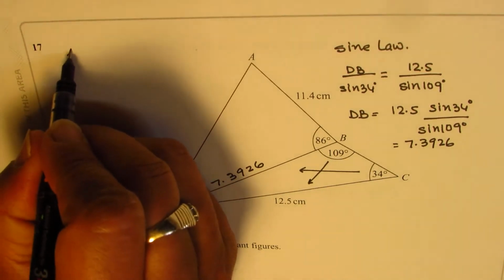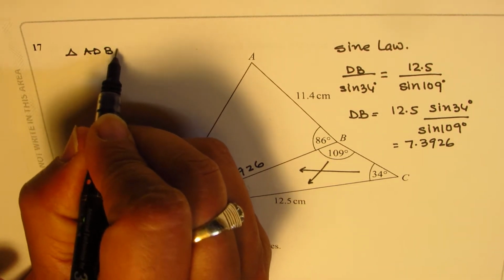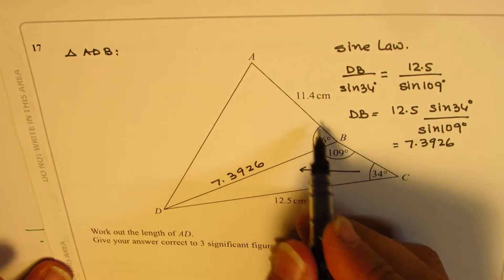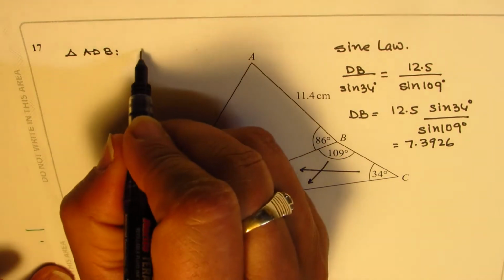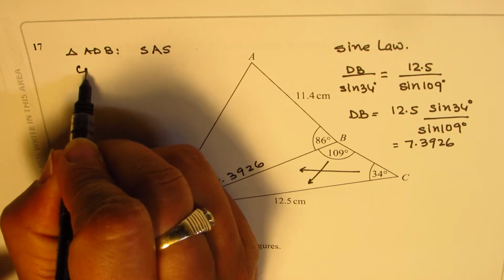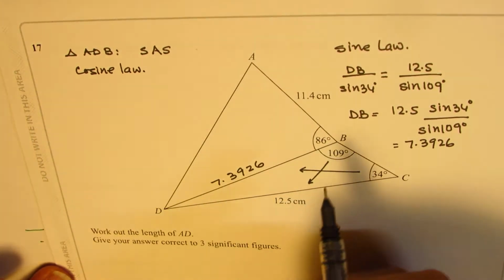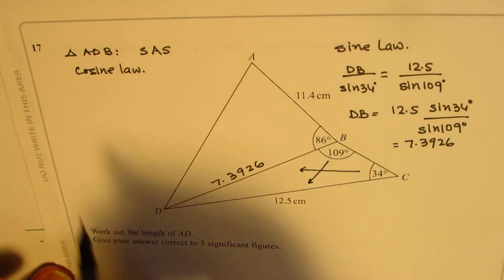So in the triangle ADB, since we know two sides and included angle, we have side, angle, side. In that case, to solve it, we have to apply the cosine law, correct? And we can find AD.